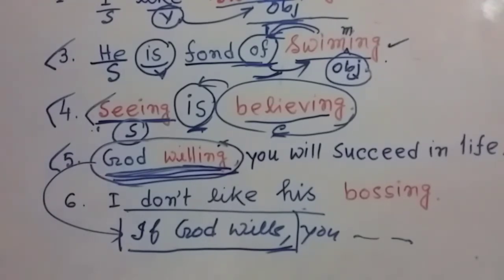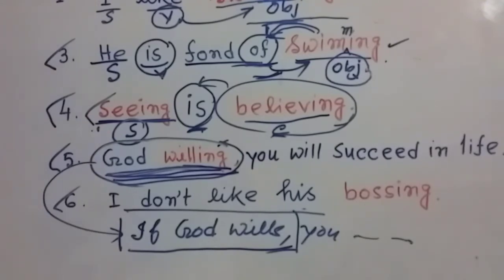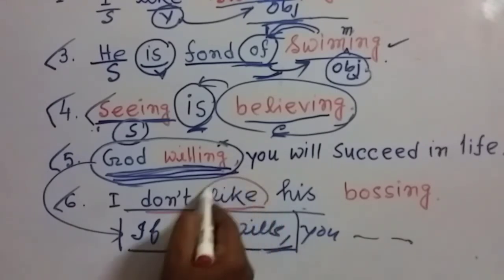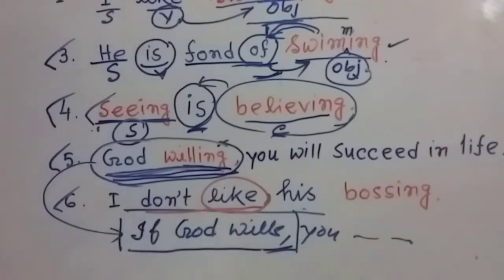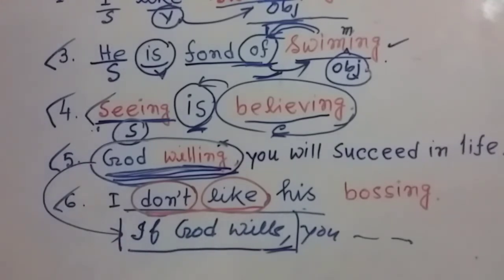And this is the last one. Number 6, this is the last one. You can see I have written here, "I don't like his bossing." Here you can see this is the verb, don't like. This is the base verb, and as it is a present negative sentence, we have used the term don't.